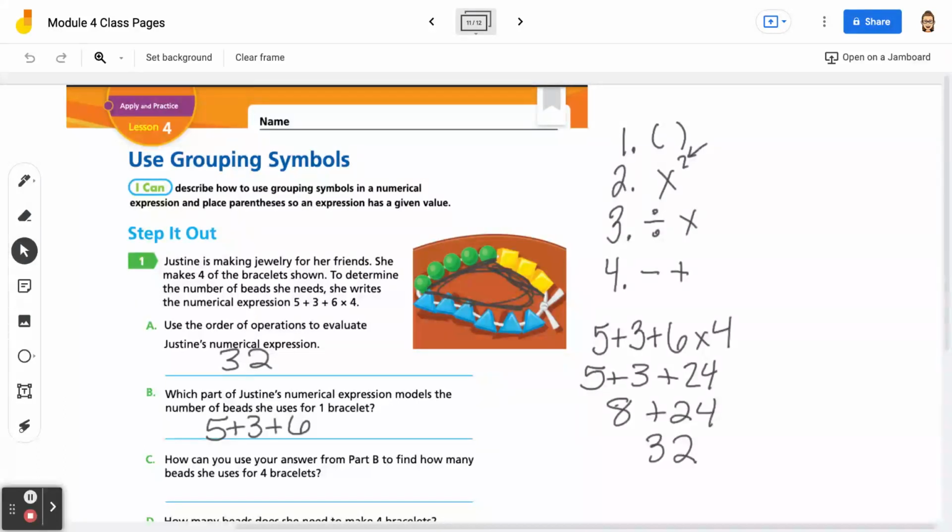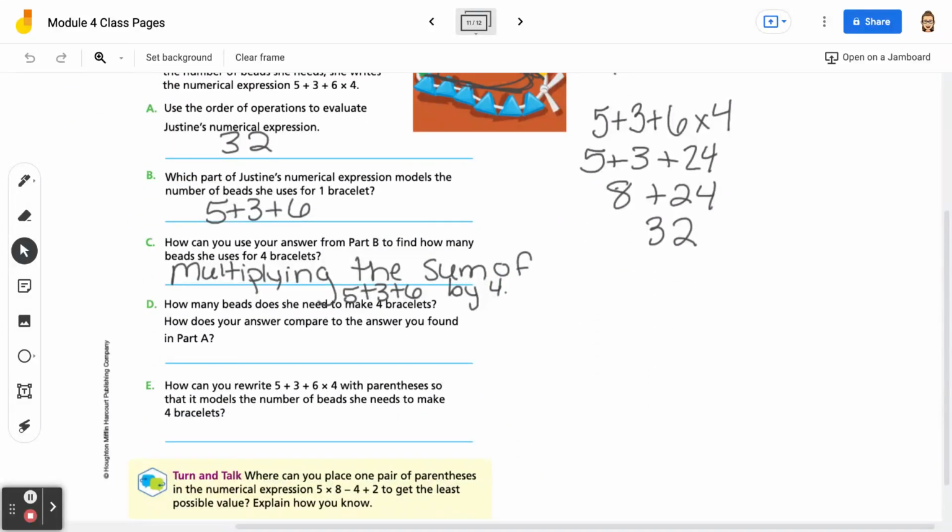Well, we want to multiply the sum of 5 plus 3 plus 6 by 4. So if we do it that way, that's what we would be doing first, okay?